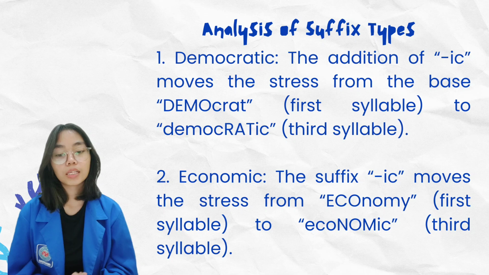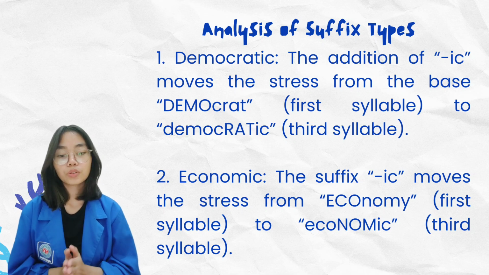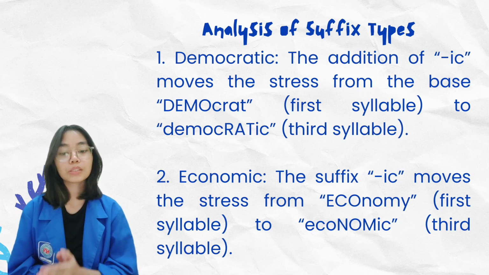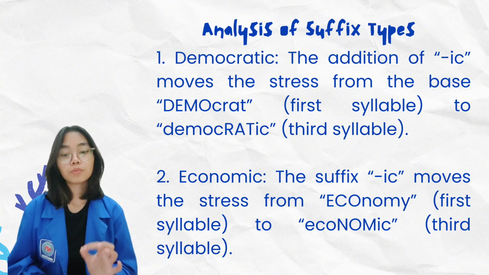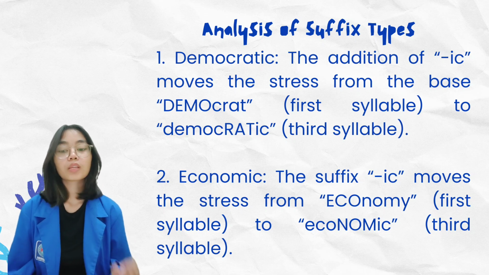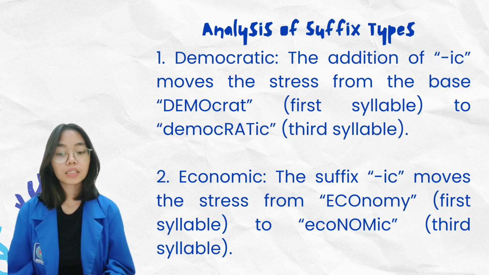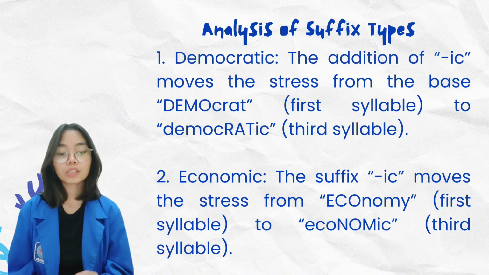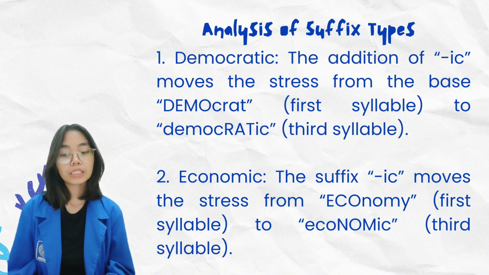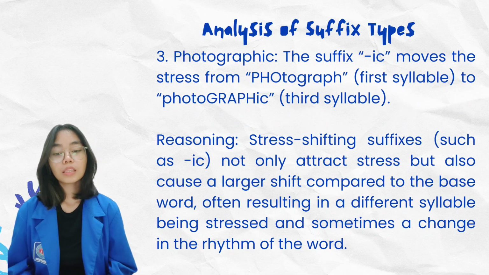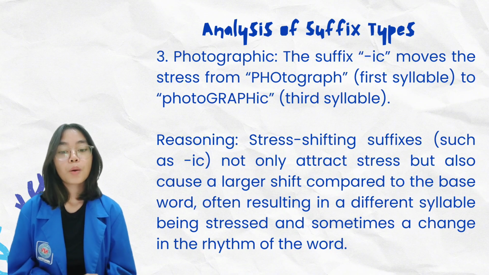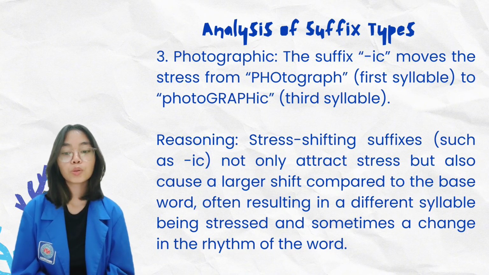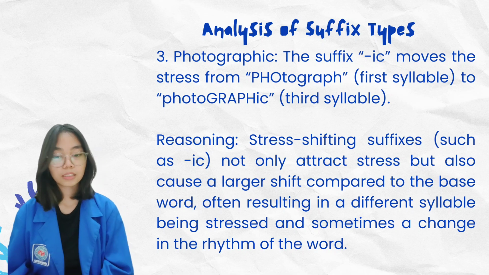The addition of "-ic" moves the stress from the base "Democrat", first syllable, to "democratic", third syllable. Number 2, "economic". The suffix "-ic" moves the stress from "economy", first syllable, to "economic", third syllable. Number 3, "photographic". The suffix "-ic" moves the stress from "photograph", first syllable, to "photographic", third syllable.